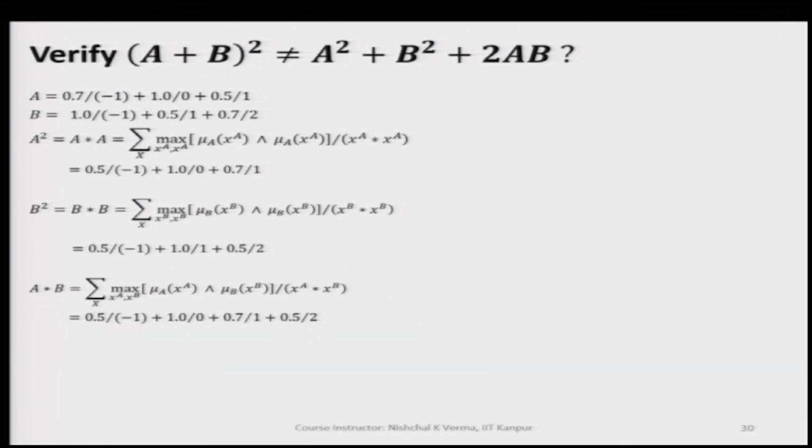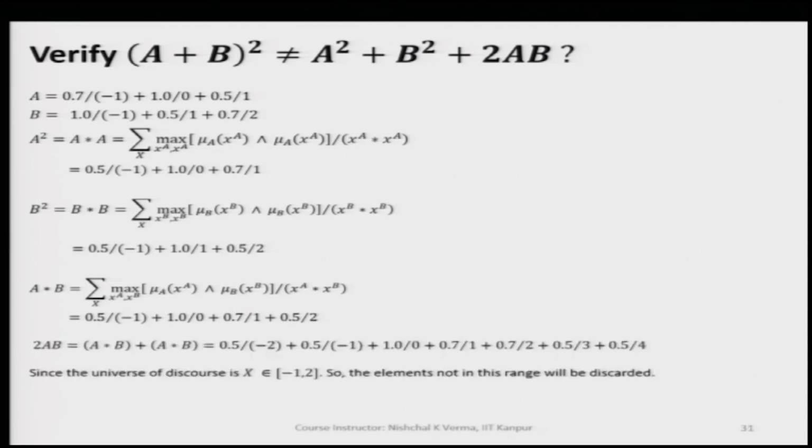So, when we apply this, we see that we are getting A multiplied by B as 0.5 by minus 1 plus 1 by 0 plus 0.7 by 1 plus 0.5 by 2.